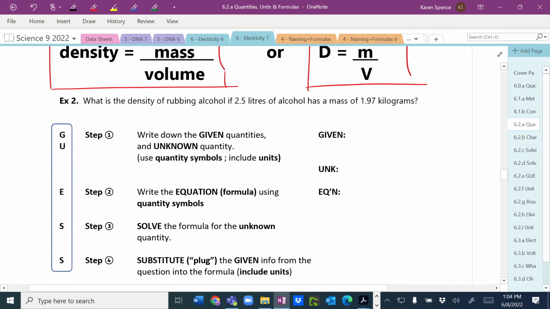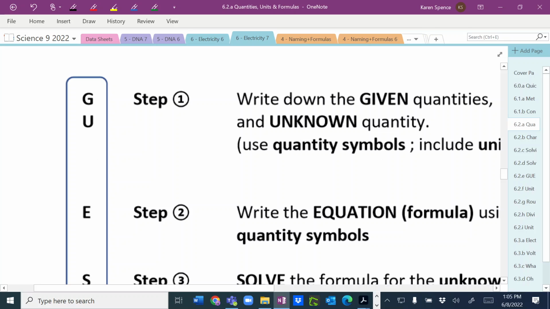What does G stand for? Oh, sorry, in GUESS. Yeah, you're right. G stands for grams. What does this G stand for in GUESS? That's our given information.